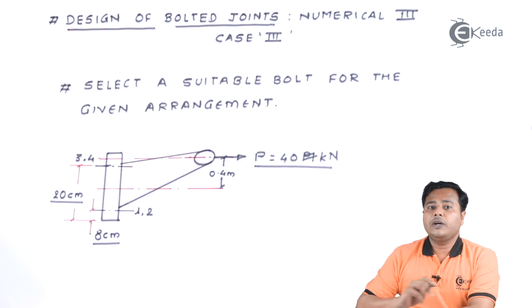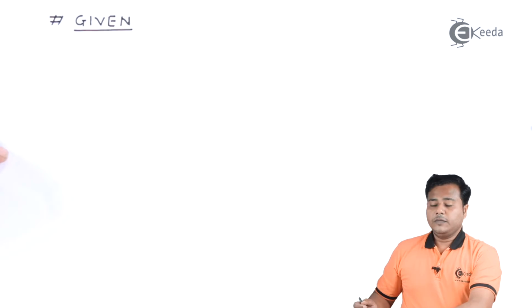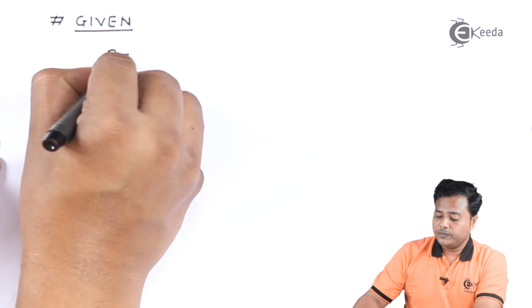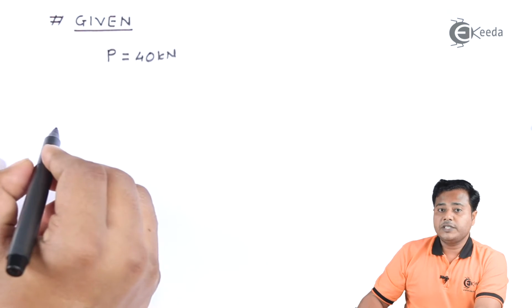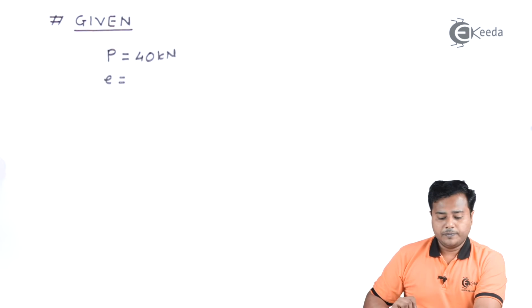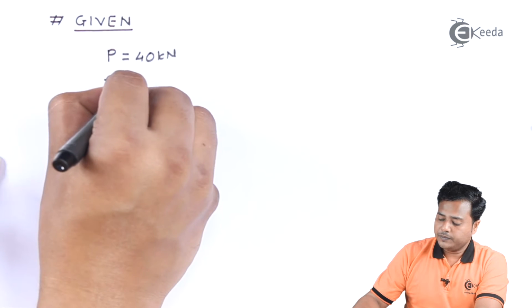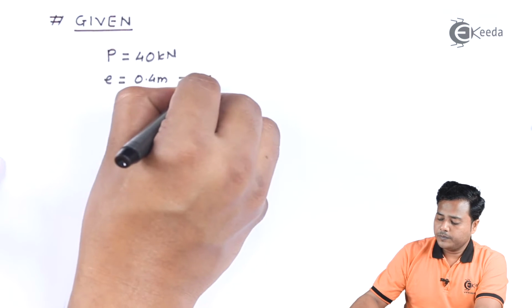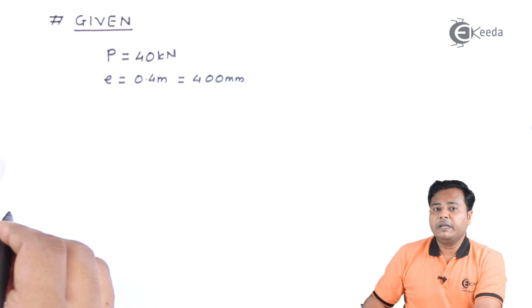So let us take out the important material properties and the parameters. The first given thing, which is very important as usual, is the given load. Then comes the eccentric distance, which is small e. The small e is given as 0.4 meter, which makes it 400 millimeter.